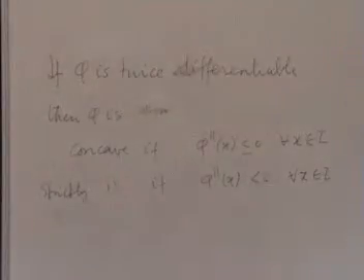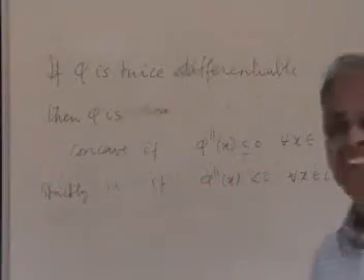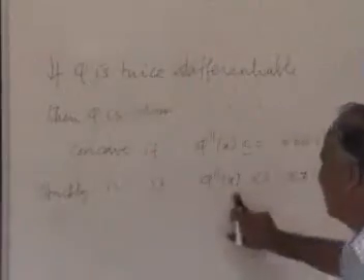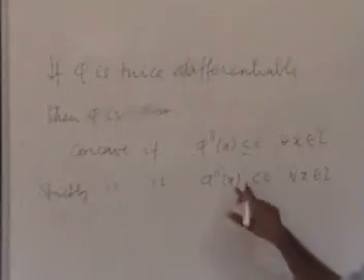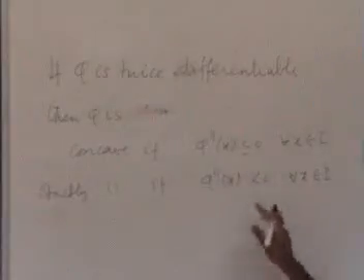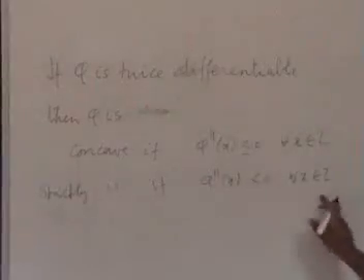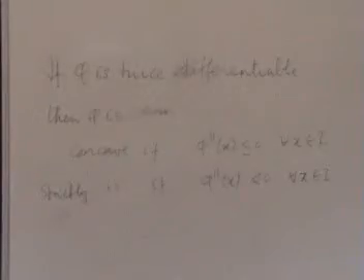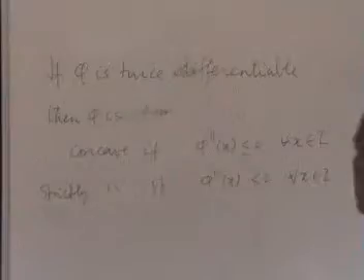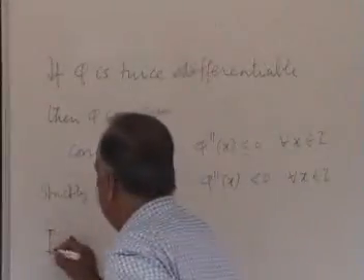So this is the rate of increase of the velocity, or the slope, or the change of the function, and that must be negative. So the derivative must be a non-increasing function for concavity and a strictly decreasing function for strict concavity. Is that okay?